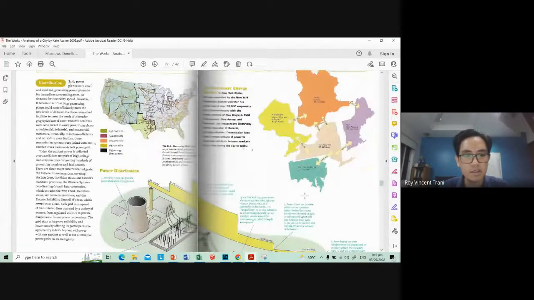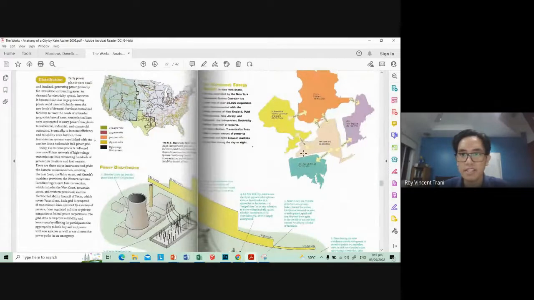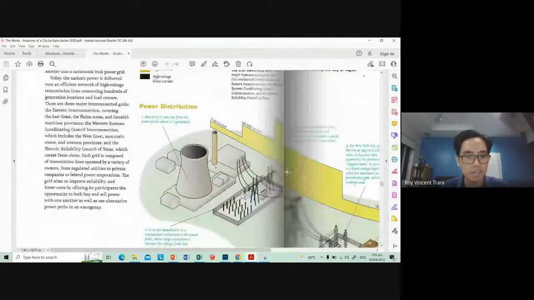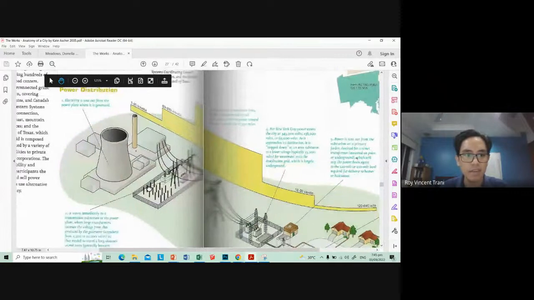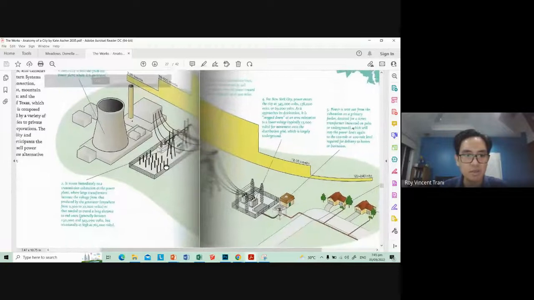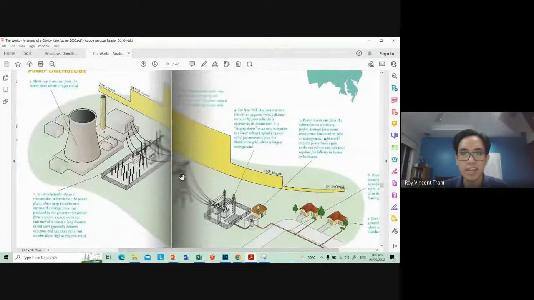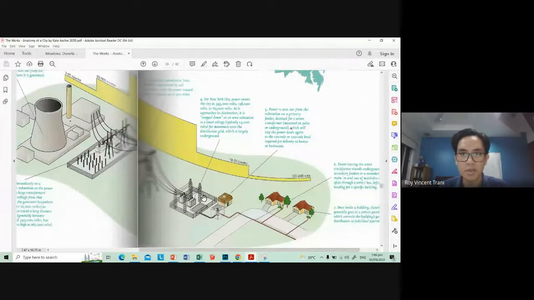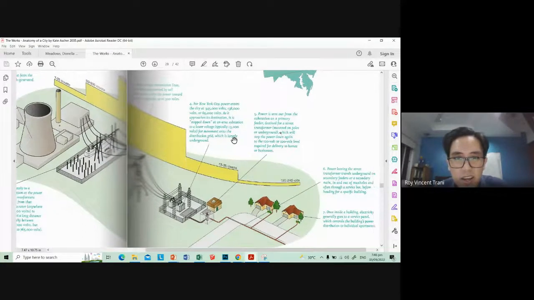Okay, so in the US they have several power plants, so you can read about it, but the system of power distribution is similar in the Philippines as it is in the US. You have a main power plant, and then it goes into a transmission substation, and then into transmission lines, and then into an even smaller step-down substation, like for New York City Power Center.